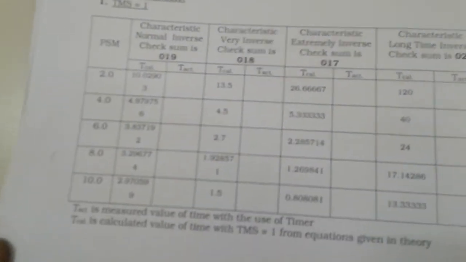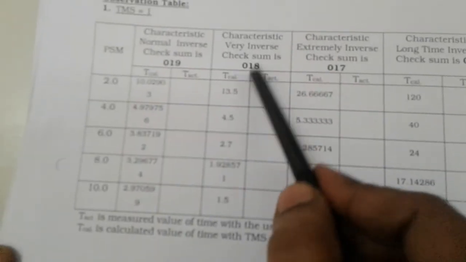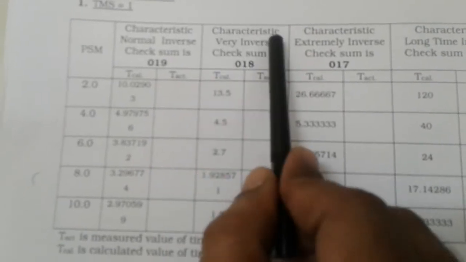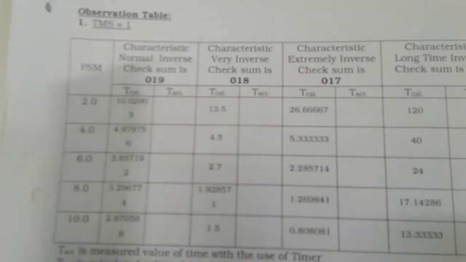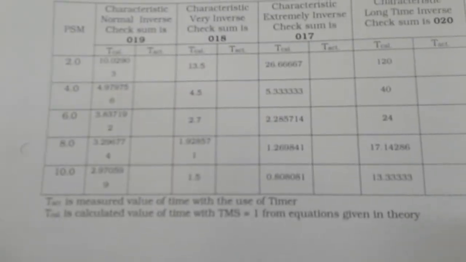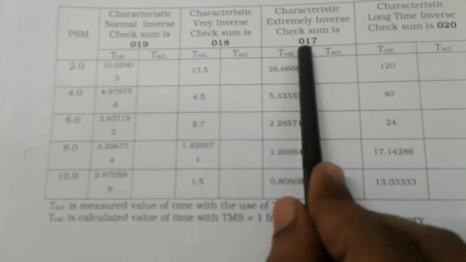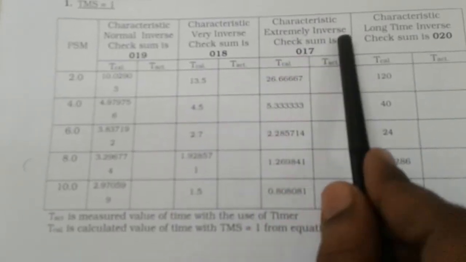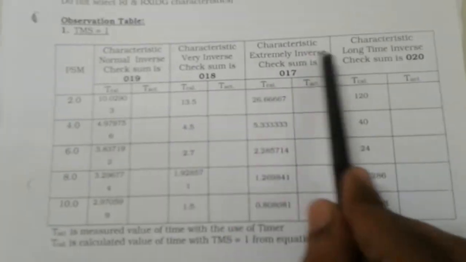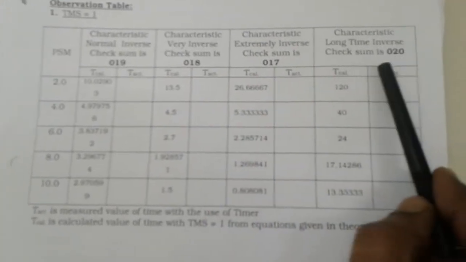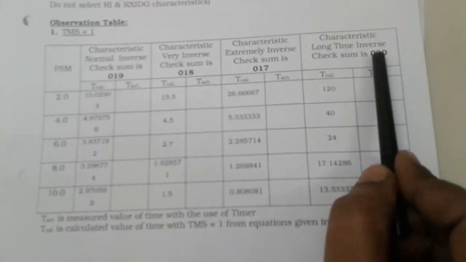In this relay right now 18 has been shown, and 18 indicates the very inverse characteristics. Suppose I make it 19, the same relay will work for normal inverse, and if I make it 17, it will show the extremely inverse characteristics. Similarly for 20 it will give the long inverse time characteristics.